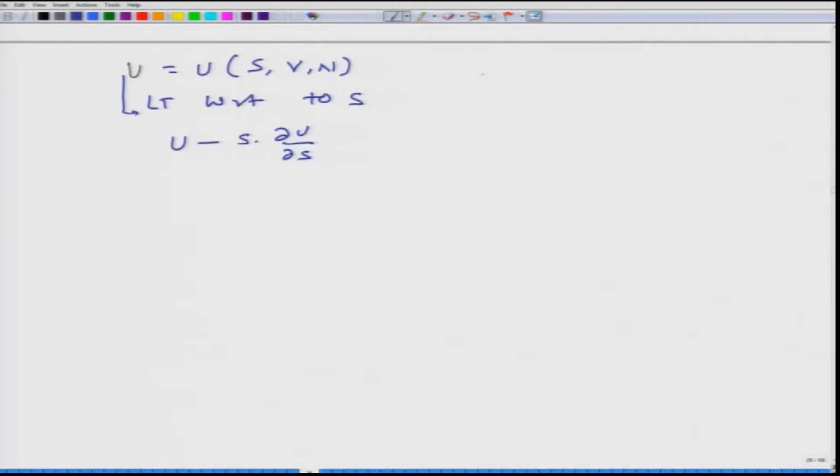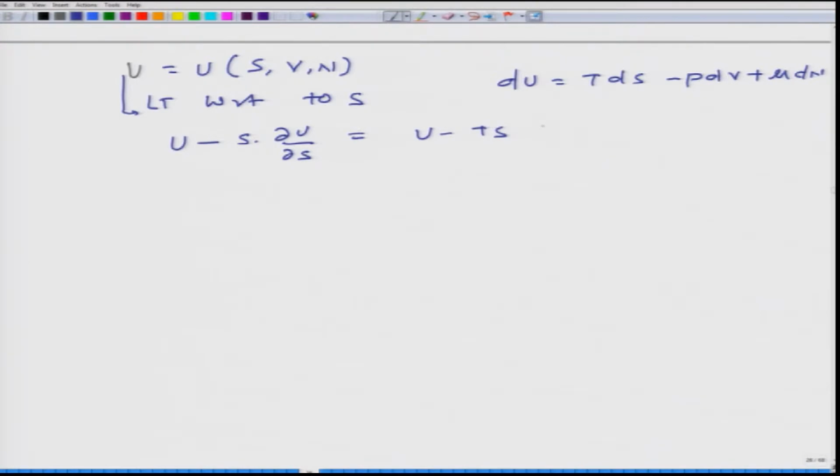Now, from the differential relation of U, dU is T dS minus P dV plus mu dN for a pure system. From here we can see that the partial derivative of U with respect to S is nothing but T. So, this is equivalent to U minus TS.